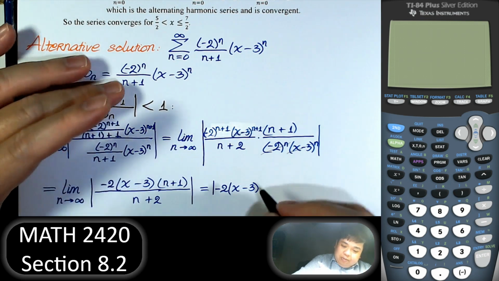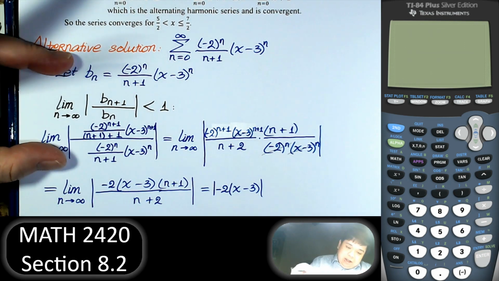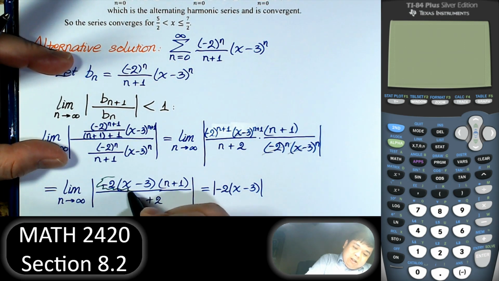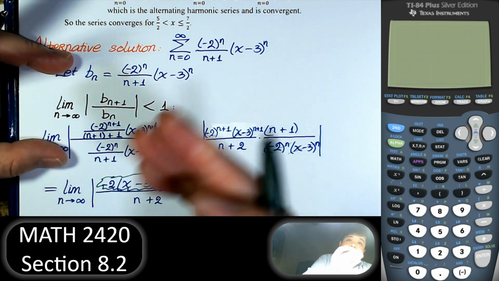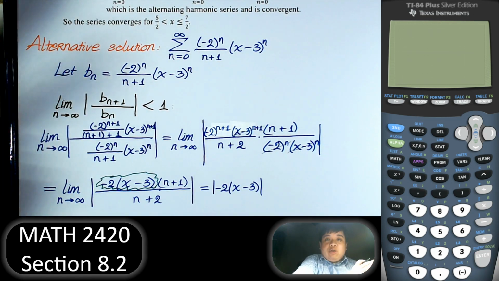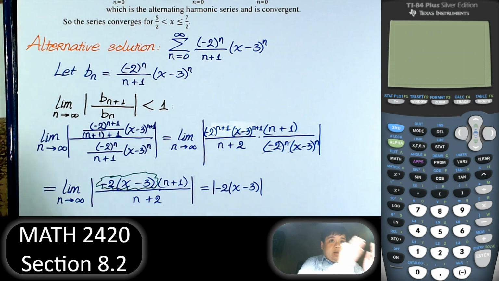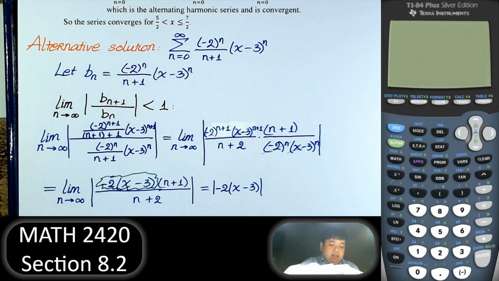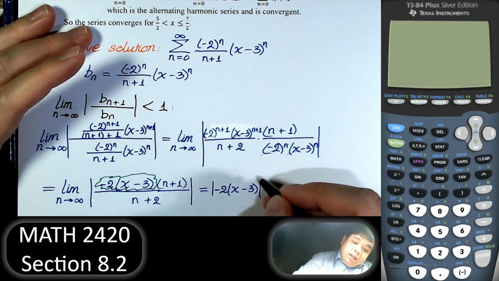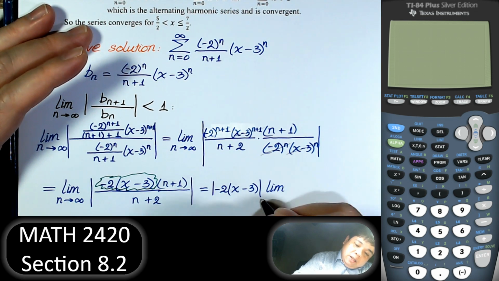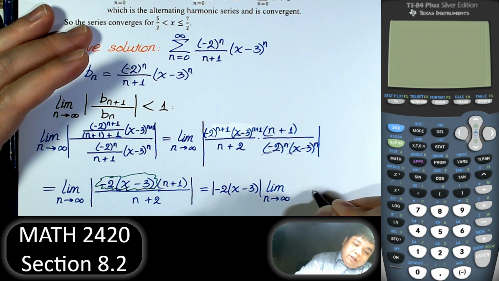So we're going to take this outside of the limit because that doesn't have n in it. To guarantee it's still positive, I'm going to put it inside the absolute values, and then we have the limit as n goes to infinity of n plus 1 over n plus 2.